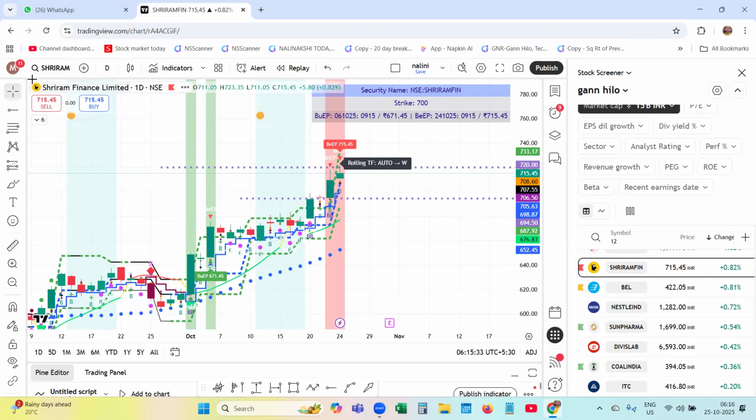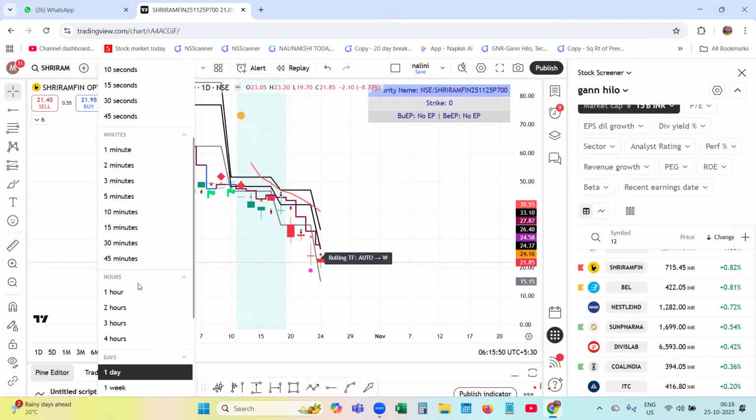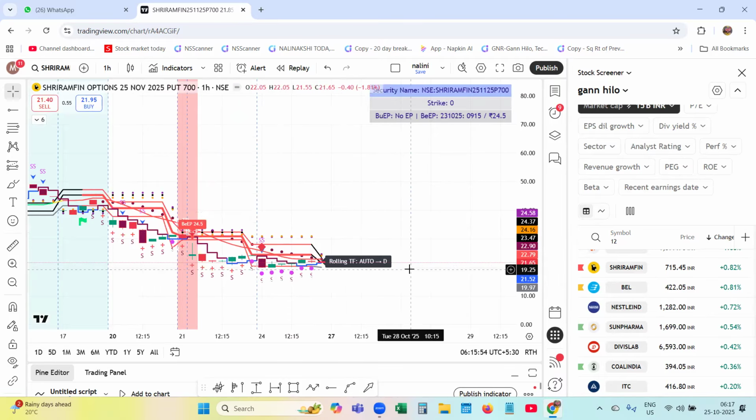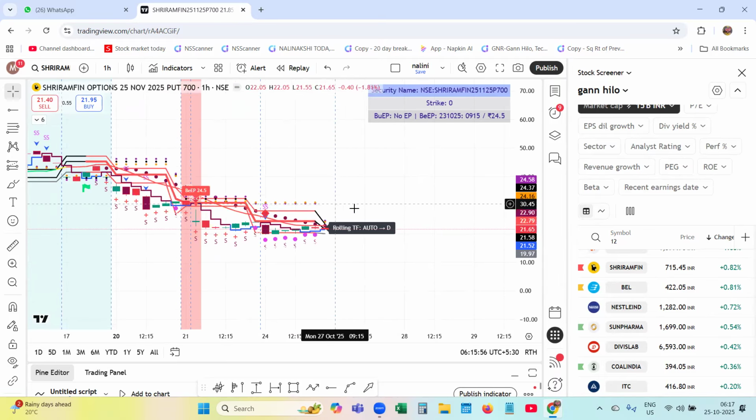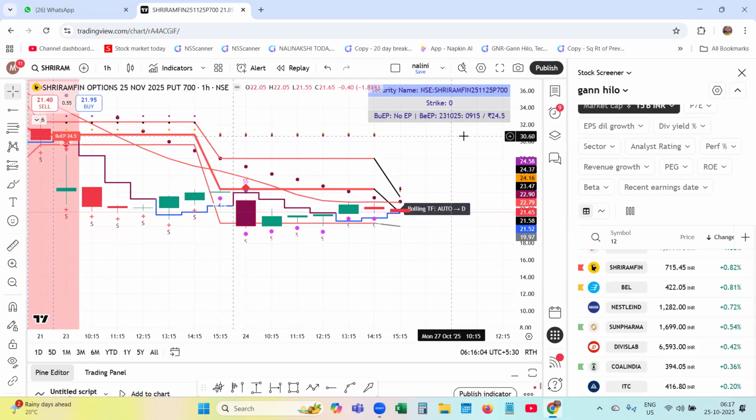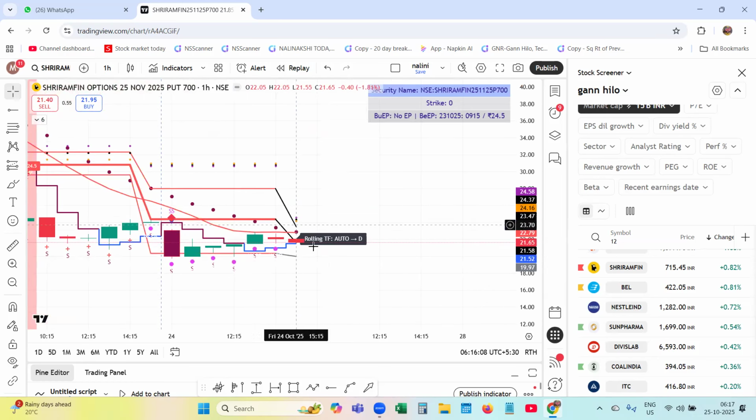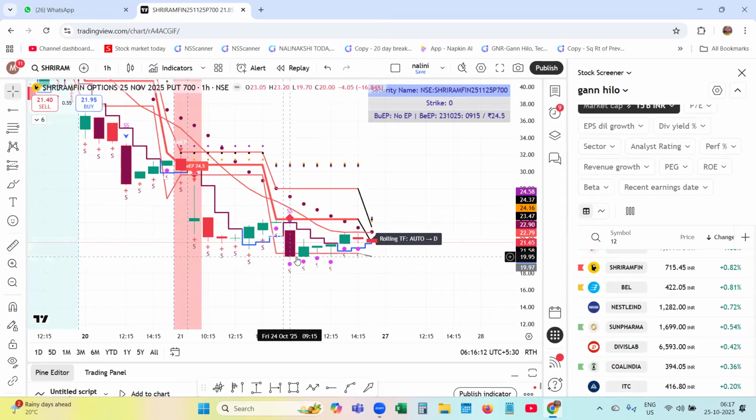Let me go to the hourly, or 15 minute, because see, it is preparing itself. So it is in your watch list, very, very low price. As soon as the underlying breaks below 700, you can enter into this. It is under your watch list.